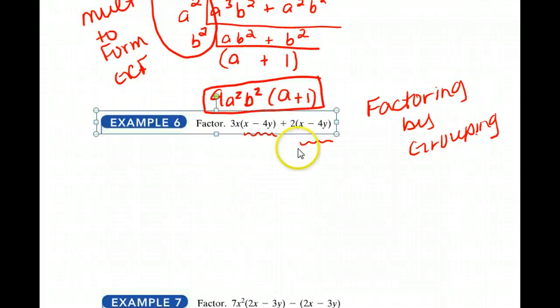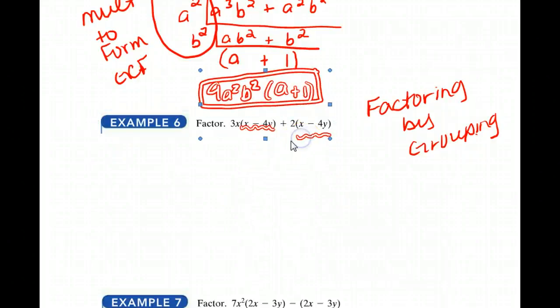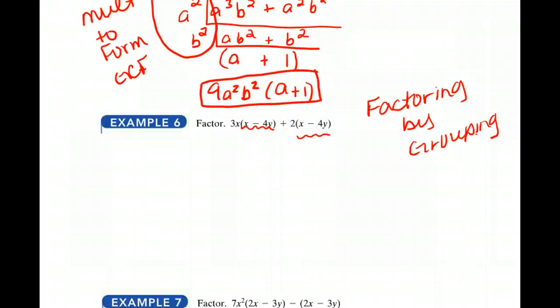Those groups are identical. And since they are identical, we can use that identical group as a GCF, so to speak. So what we're going to do is drop it down into our next line, that whole group.